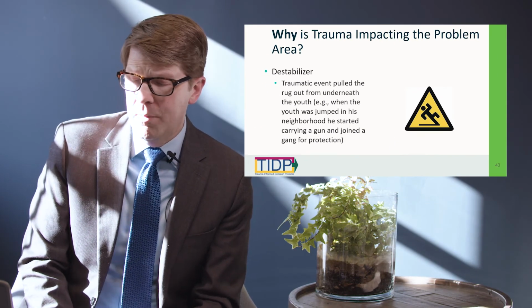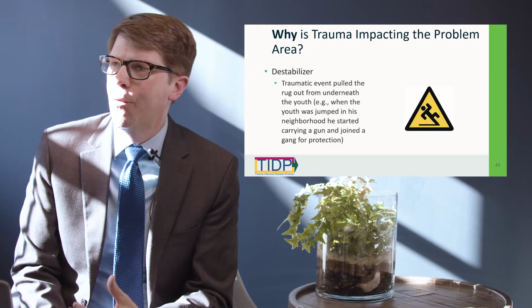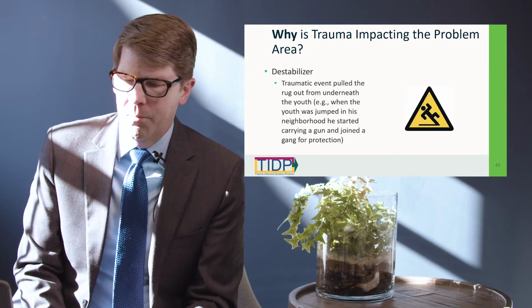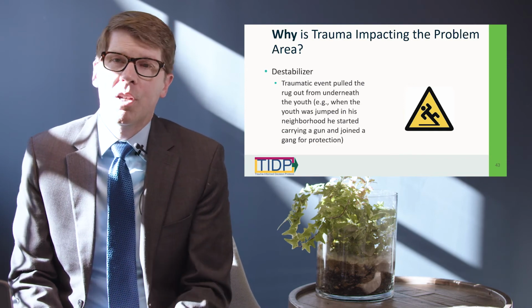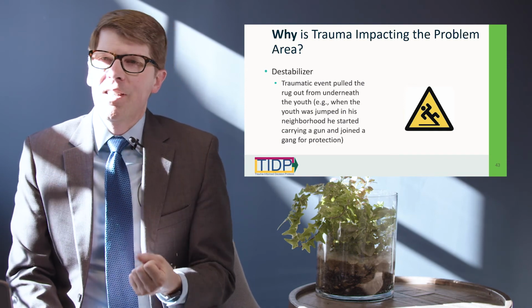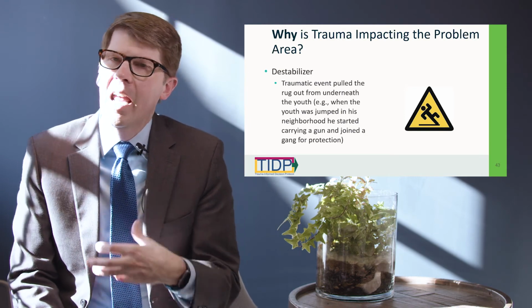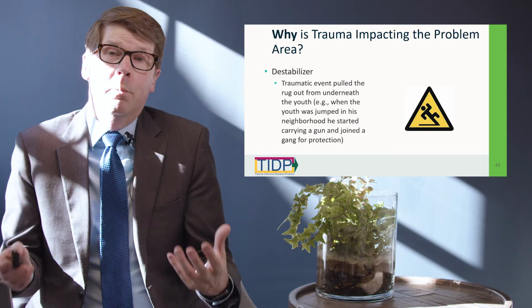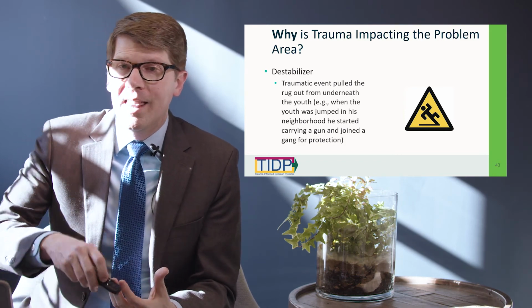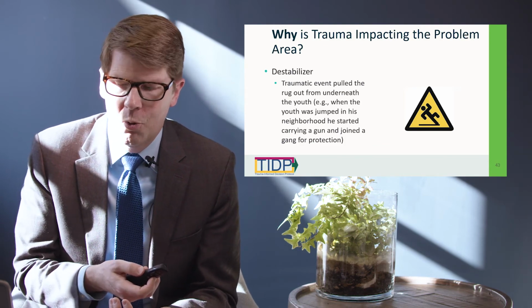When a youth was jumped in his neighborhood, he started carrying a gun, and then he joined a gang for protection. So the being jumped as the traumatic event or exposure to community violence, it destabilized the kid and changed his behavior, so he starts carrying a gun and he starts hanging out with a negative peer group probably as a way for protection, but then it increases his peer relations dynamic risk score.